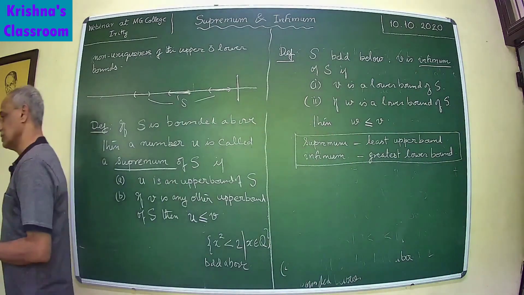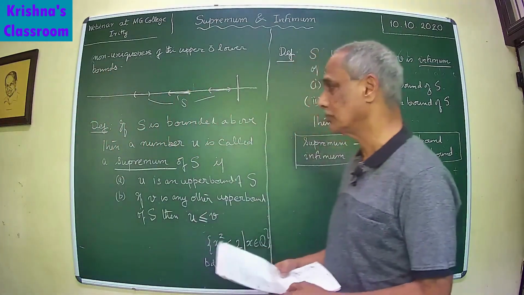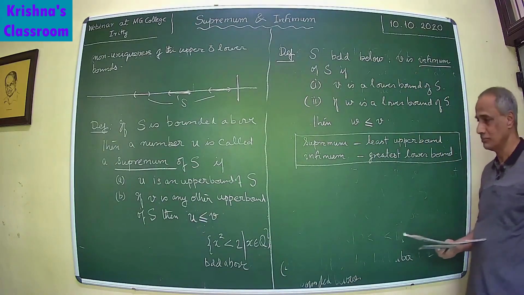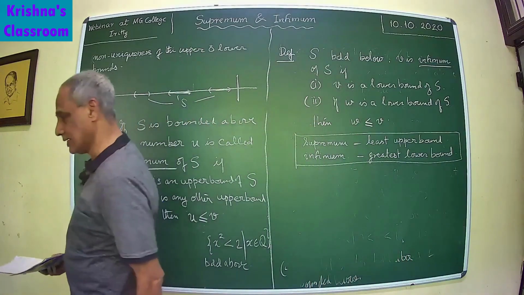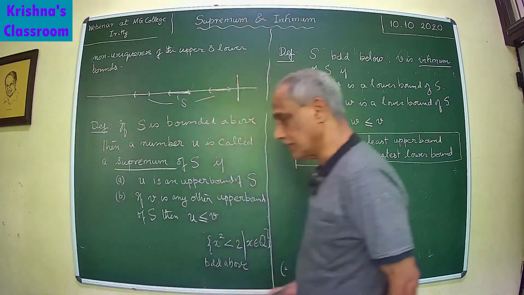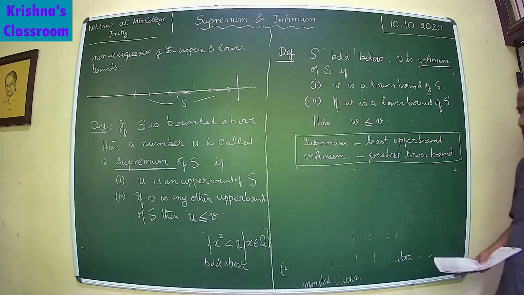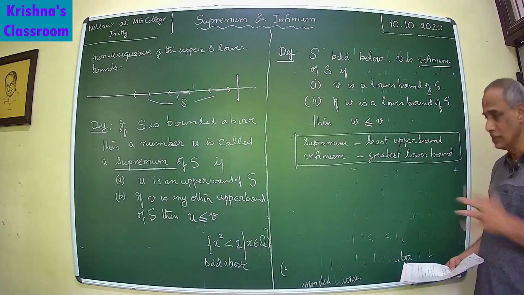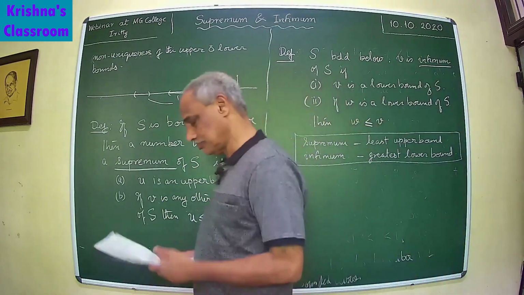You cannot say for sure that every bounded subset has a supremum. For example, we have already seen the set of all x with the property that x squared is less than 2, where x is confined to Q. In that case, in Q this doesn't have a supremum.